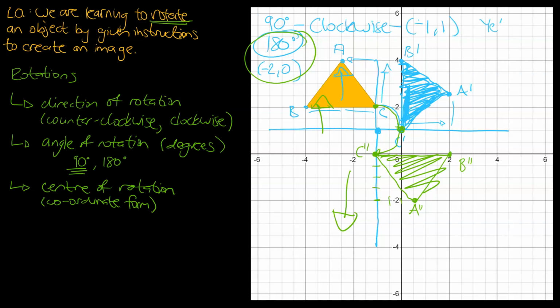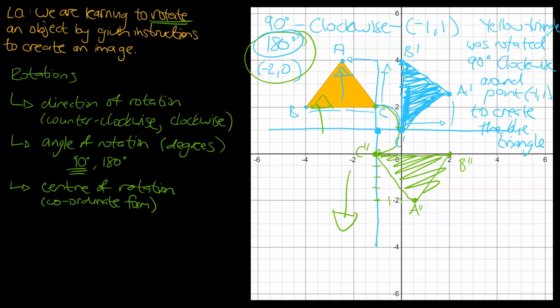So we're going to write: the yellow triangle was rotated, because that's the transformation we're looking at, 90 degrees clockwise around point -1, 1 to create the blue triangle.